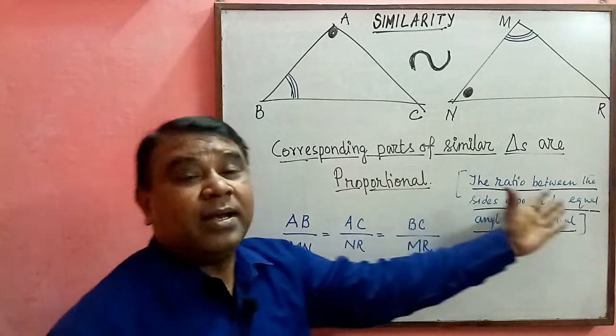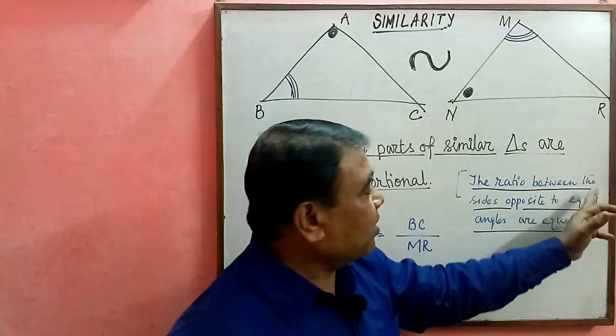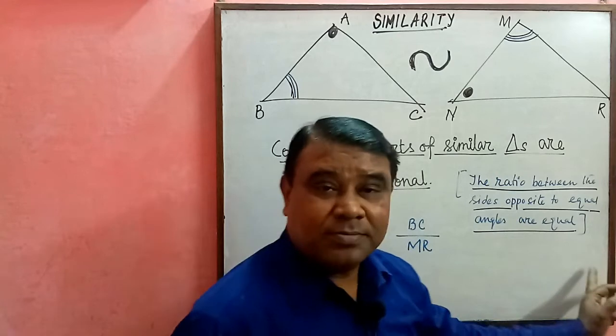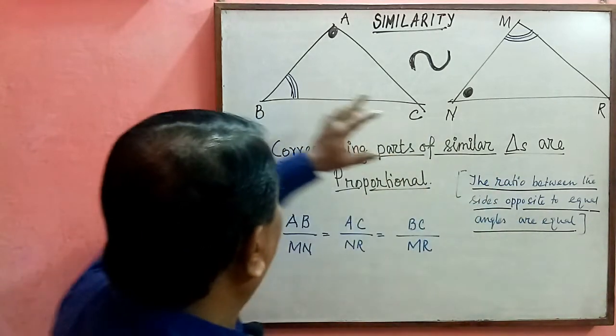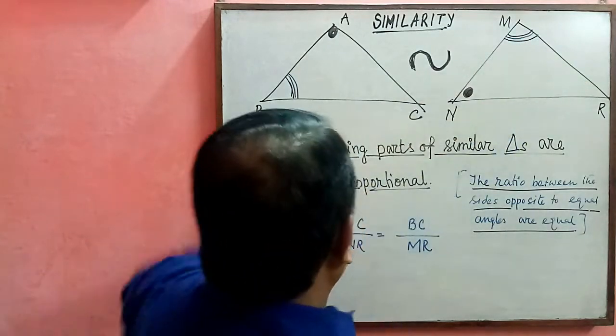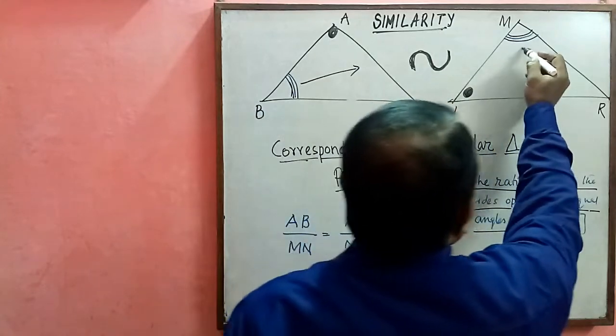What does it mean? It means the ratio between the sides opposite to equal angles are equal. That means if angle B is equal to M, then the side opposite to angle B is AC and this is NR.